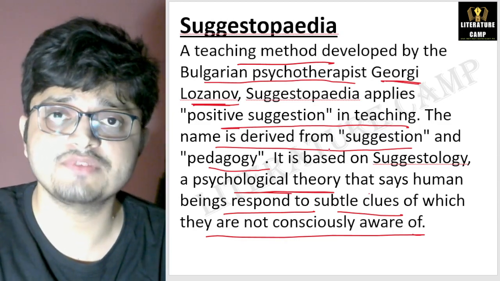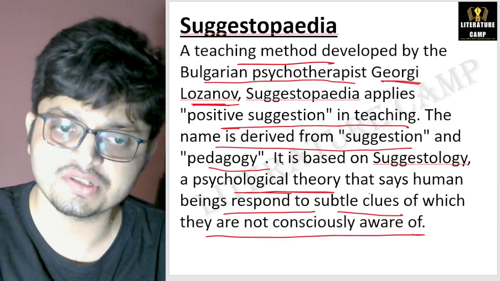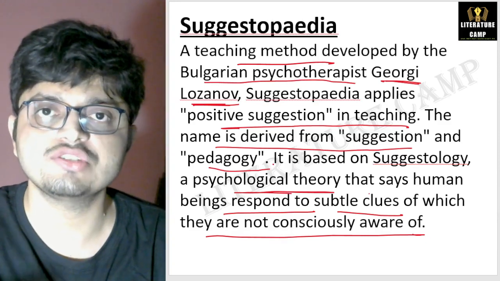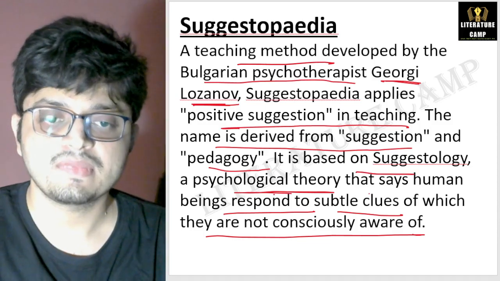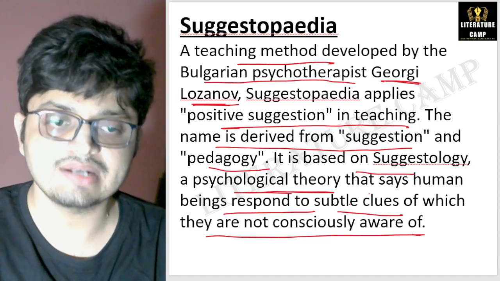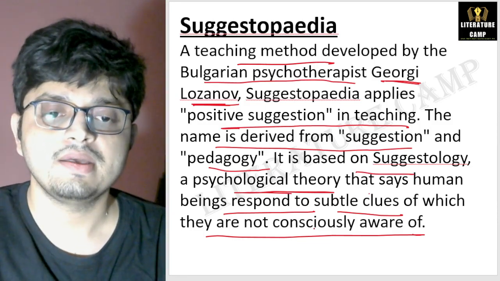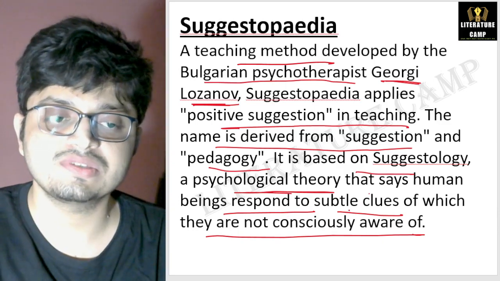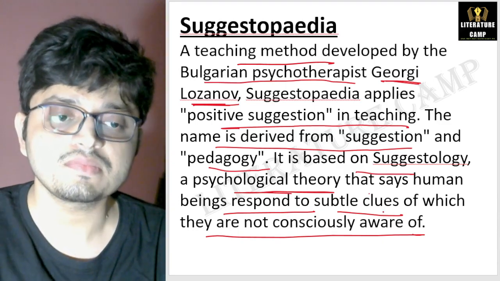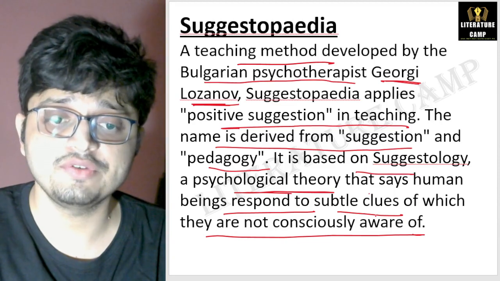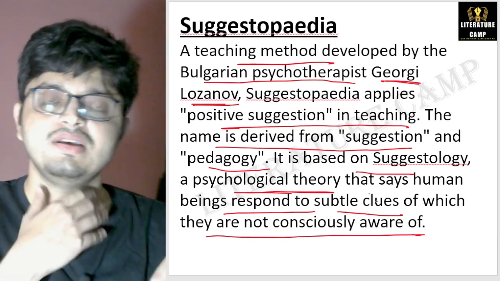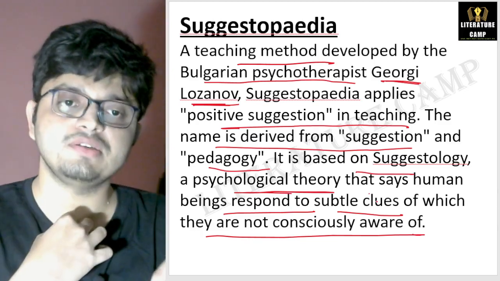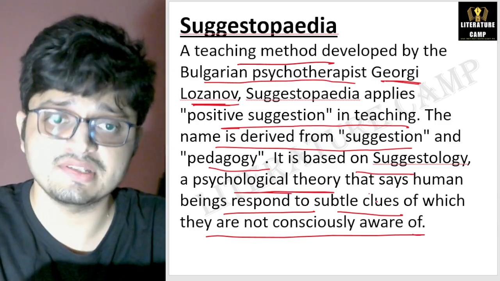The name is derived from the words suggestion and pedagogy. That is why it is called Suggestopedia. It is based on suggestology, a psychological theory that says that the human brain responds to subtle clues of which they are not consciously aware. So please make a note of this. This is something which can come in the UGC NET examination as well.